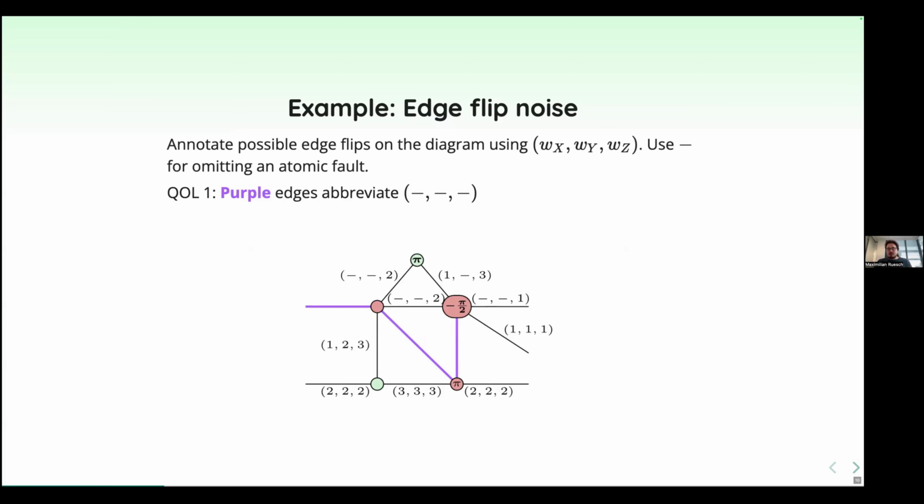So there are no atomic faults on this edge. And then whenever we have one single atomic fault on an edge that is a Z fault, then we will abbreviate this triple dash, dash, weight just with the weight, just with the number. This is because we will handle lots of single Z faults on edges in this talk.